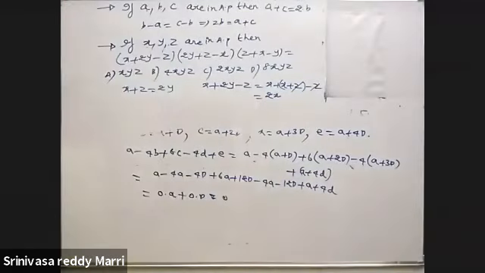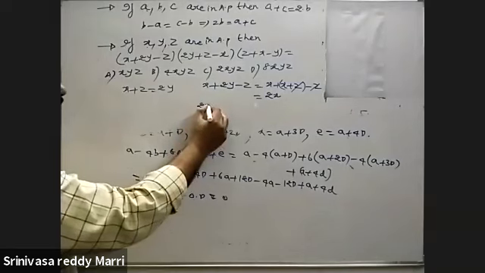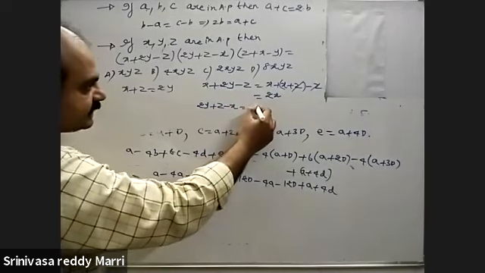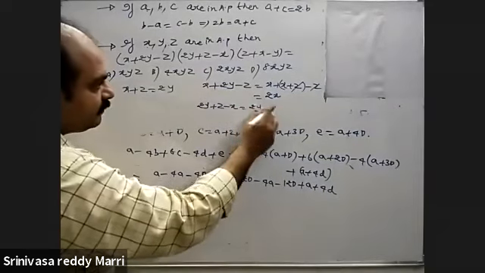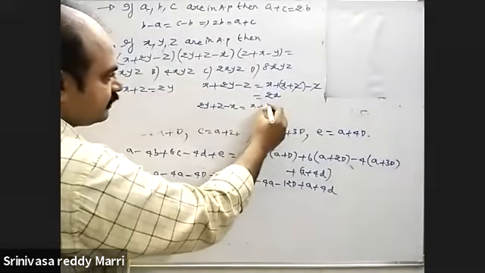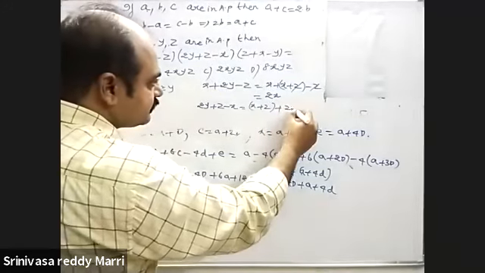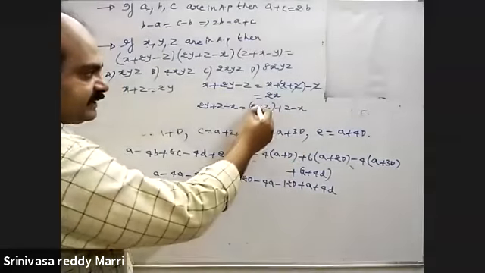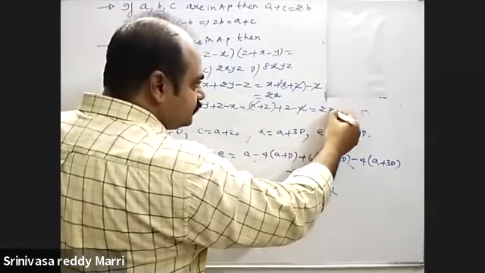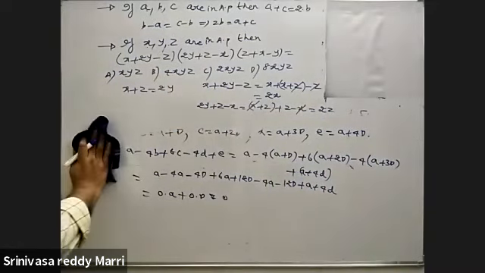Now second term, 2y plus z minus x. In place of 2y I am writing again x plus z, plus z minus x. Now x will become cancelled. That means you will get 2z. So then z plus x minus y.